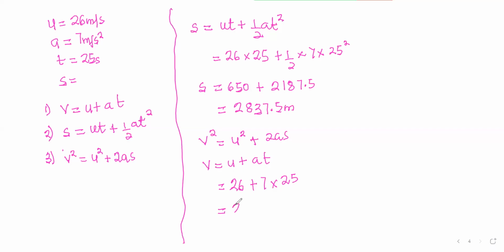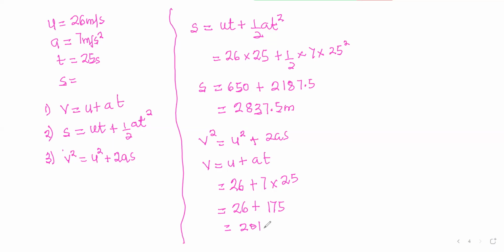Davis, I guess you got the same thing. Yes, sir. Okay. All right. So 7 by 25, this is 175. Okay. So this plus 26, we have 201.